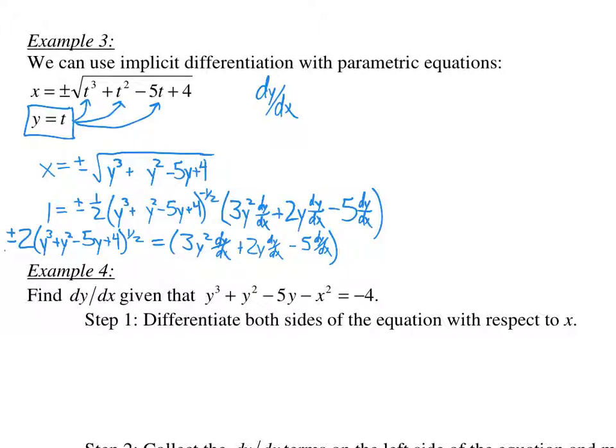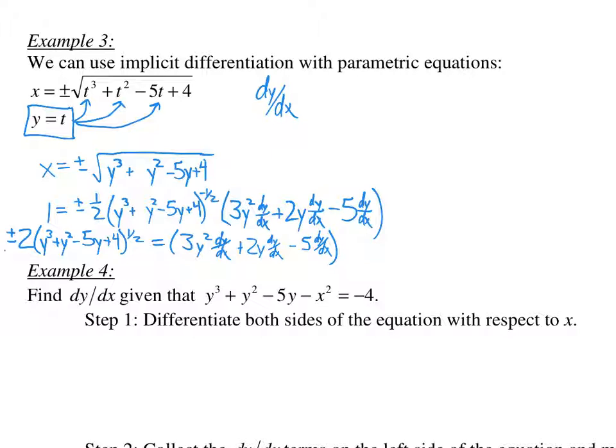Why? The chain rule. Y is a function inside the function of something cubed. So the derivative of something cubed is 3 times the something squared, but then you have to multiply by the derivative of that. So it's a chain rule inside the chain.